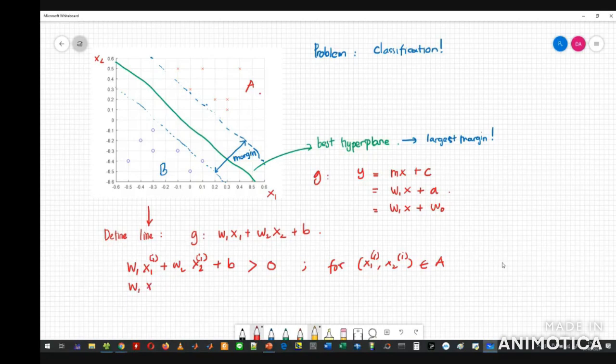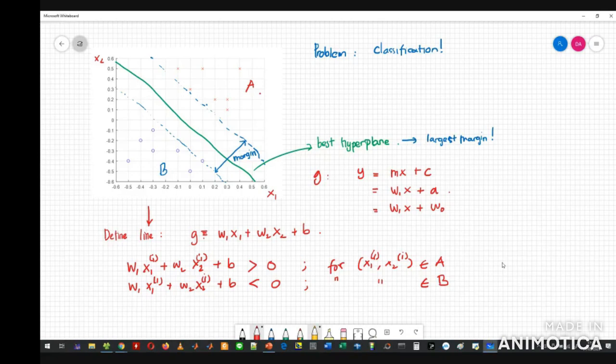The other way around, if the points belong to class B, then this is negative: w1 x1 plus w2 x2 plus b is negative for x1, x2 belonging to class B.